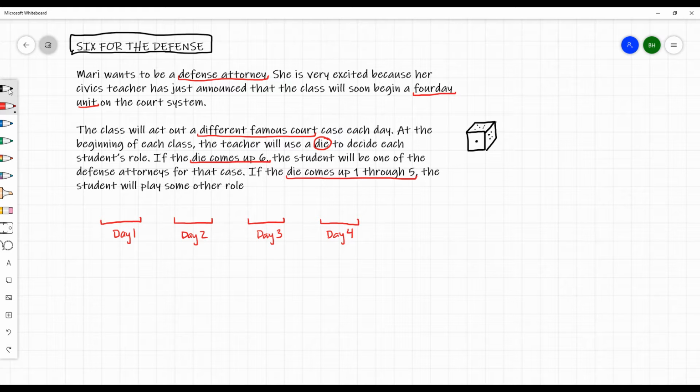All right, so question number 1 wanted us to do either a tree diagram or an area model to set up how likely she will be a defense attorney over the course of the 4 days.